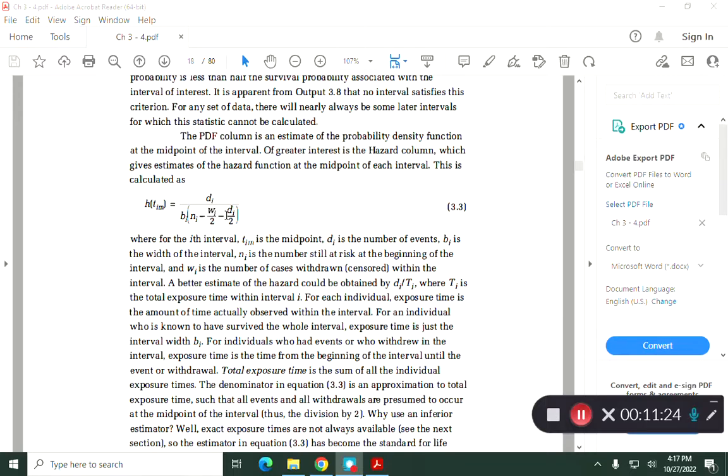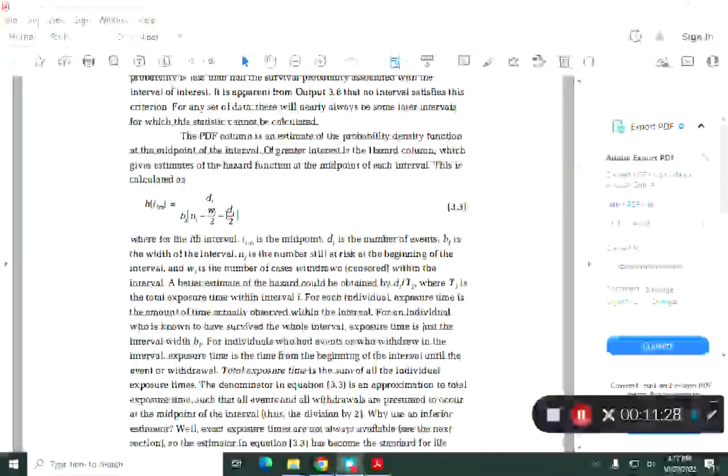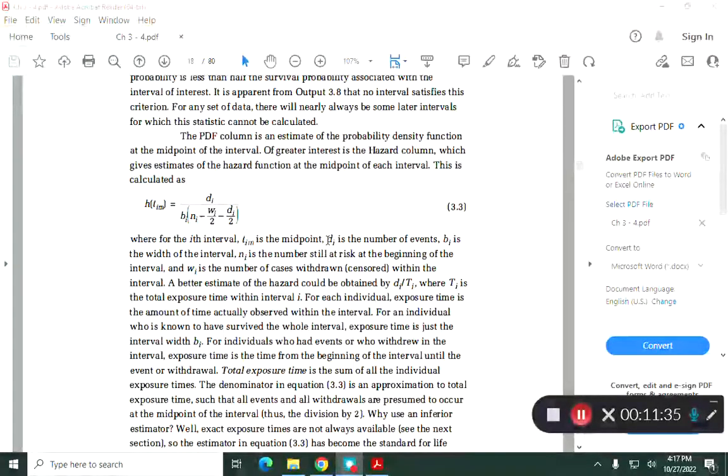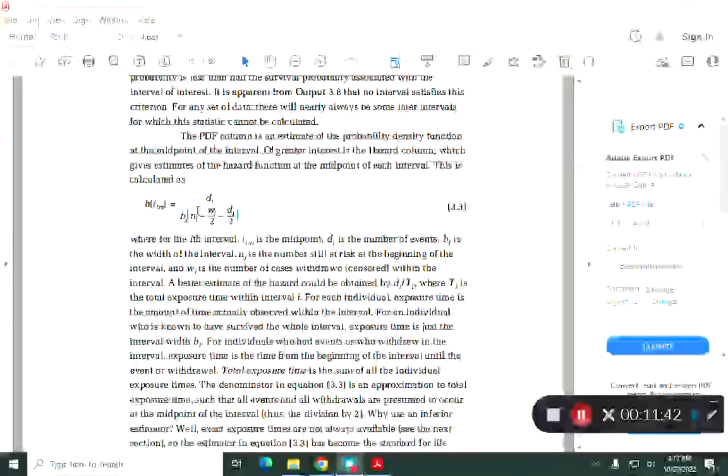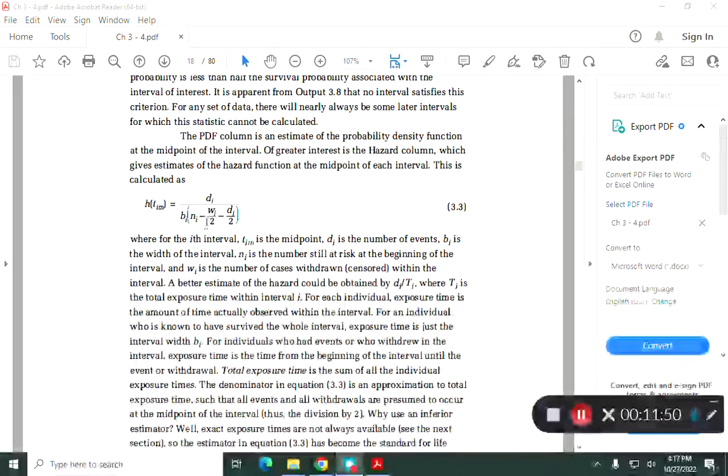I can assume probably there's a linear interpolation. At the beginning it was 300, at the end 200, so there are 100. But for that 100, you have to ask, how many bodies do I have? If I have the bodies, I have the deaths. The others we assume disappeared or withdrew. So the withdrawal information and the death information, we're just using half because it's a linear interpolation, okay?